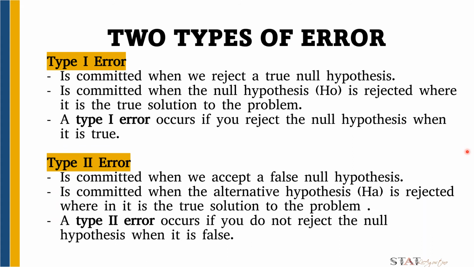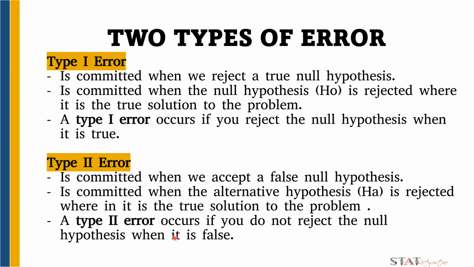And then the second type of error is the type 2 error. It is committed when we accept a false null hypothesis, and when the alternative hypothesis is rejected where it is the true solution to the problem.